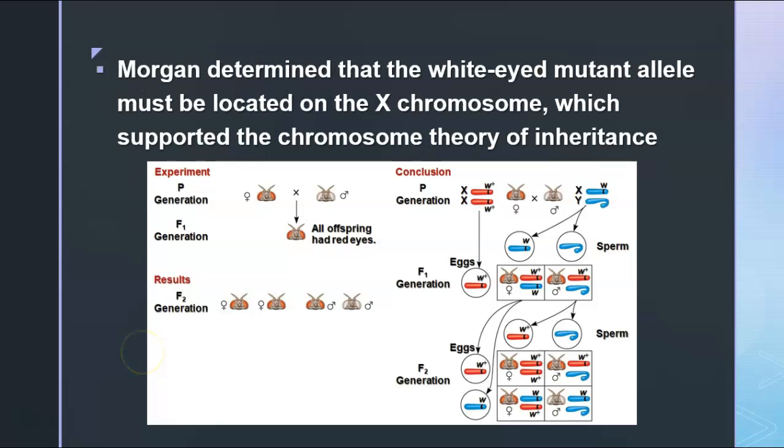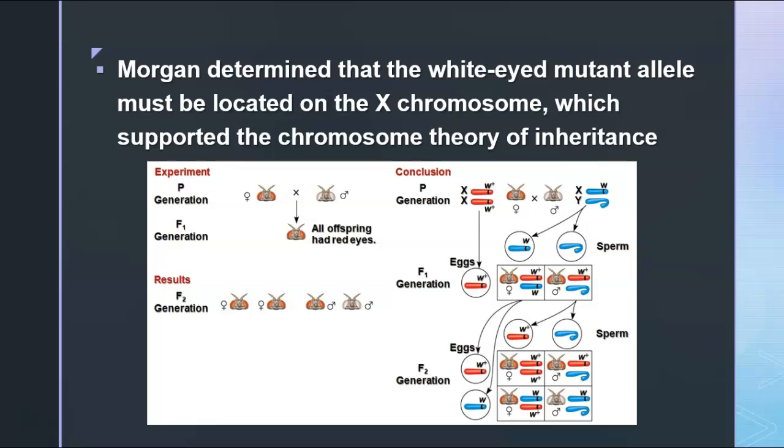All right. So the big thing is that the inheritance of sex in fruit flies is similar to humans, in that we have X chromosomes and Y chromosomes. Females have 2 X chromosomes, males have an X and a Y. The chromosomes are vastly different, of course, in fruit flies and humans, but it's the same type of sex determination.